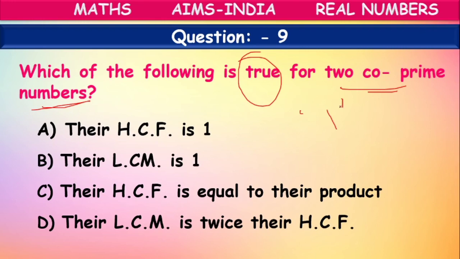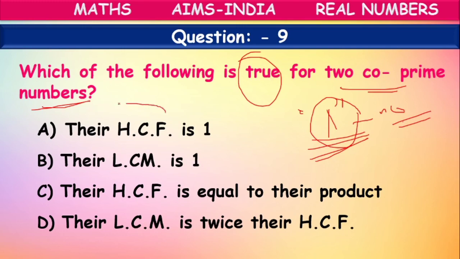There should be no other common factor other than 1. So that will be the highest, because there is no other factor other than 1. So what is true is that their HCF is 1. Their highest common factor is 1. So that is the correct answer, children.